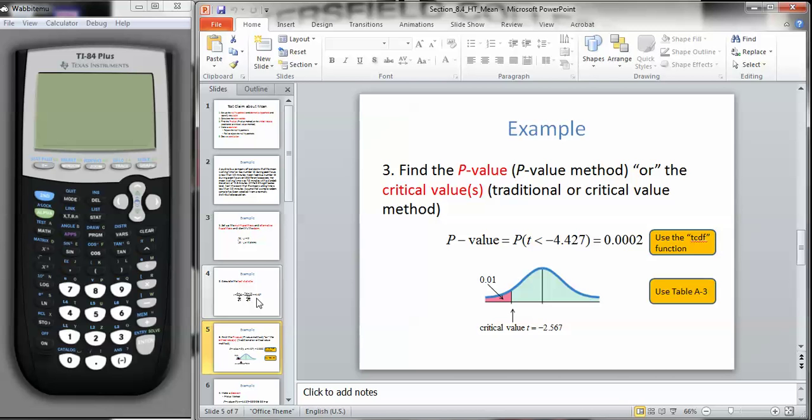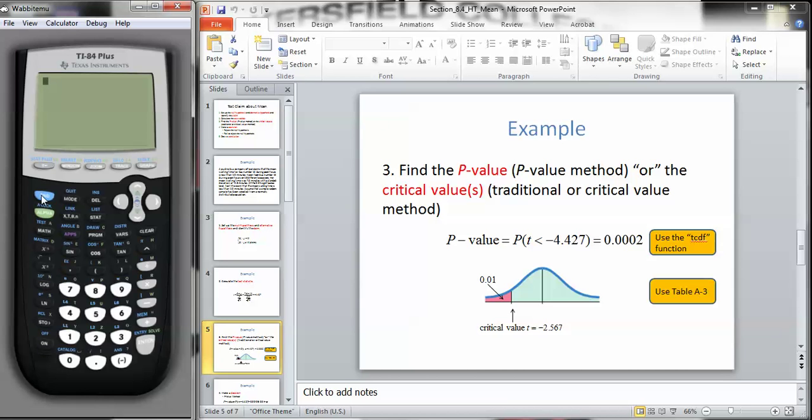So our p-value is the probability where t is less than this test statistic, negative 4.427. Here, use your calculator to find this p-value. If you use your table, you can only estimate a range of that. And I don't want to go too much into that because I think it's more important you know how to use your calculator to find this exact p-value.